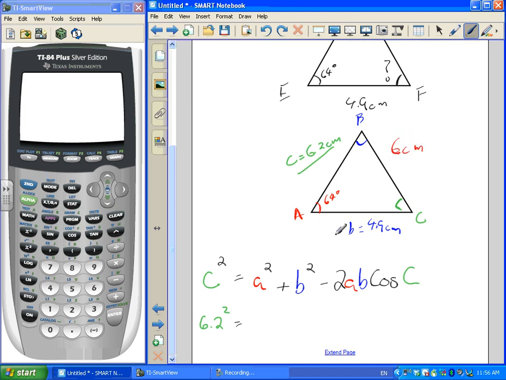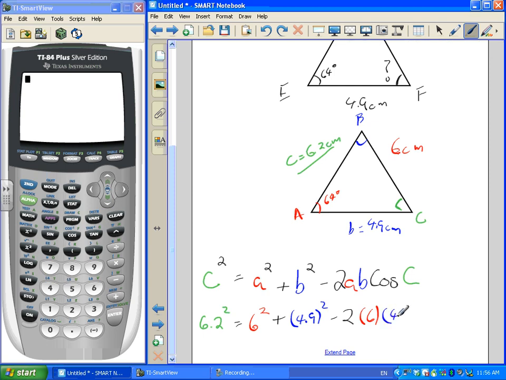That's a 6. So, let's go back to this. Our A is 6, so it becomes 6 squared plus B is 4.9 centimeters squared subtracted by 2 times side A, which is again 6 centimeters.